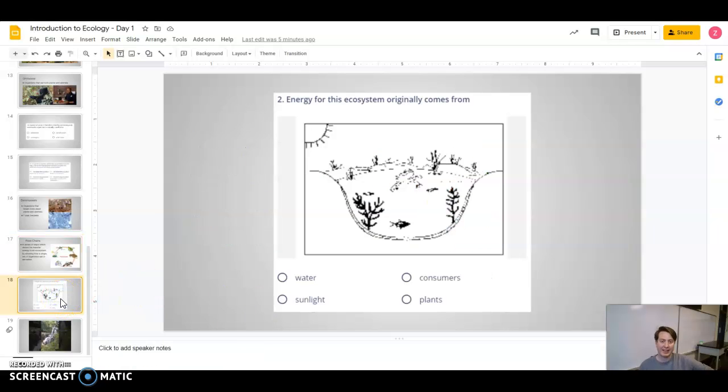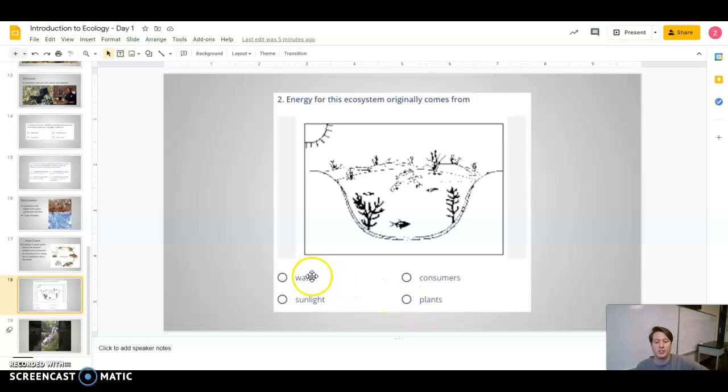Let's stop and check and have you answer this question. Energy for this ecosystem originally comes from, so we have a rough picture drawn, but it's a pond with fish, some seaweed, some plants on top, and then there's the sun shining down. So energy for this ecosystem originally comes from water, consumers, sunlight, or plants.